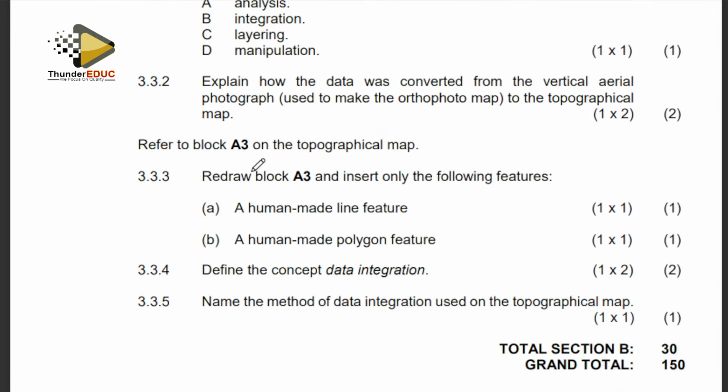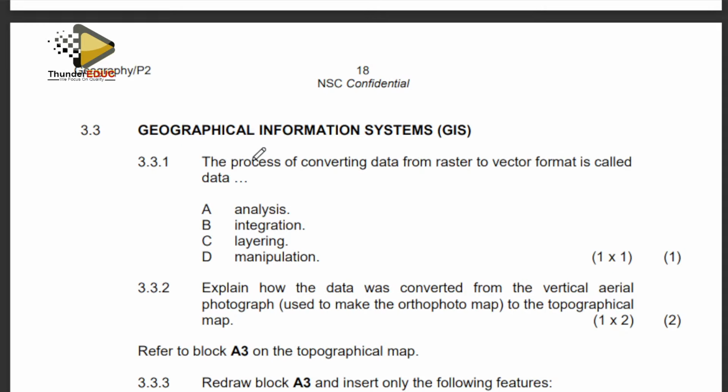The last section of this part for the day is going to be GIS. The process of converting data from raster to vector format is called, what is it called? You are converting data from raster to vector, so from image to lines, from pictures to lines, points, and polygons. So we have data analysis, integration, layering. Let us analyze one by one.